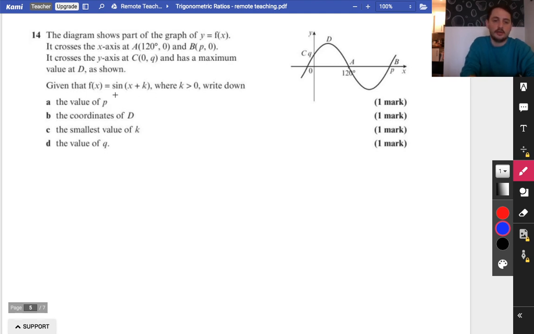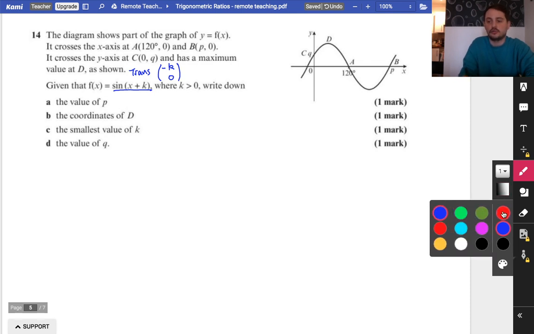So f of x is the sine of x plus k. That means that you've added k onto the x. So we know that this represents a translation, and because it's a plus k here, it's actually going to be a minus k, 0. And they've said that k is a positive number, which means it has actually moved to the left.